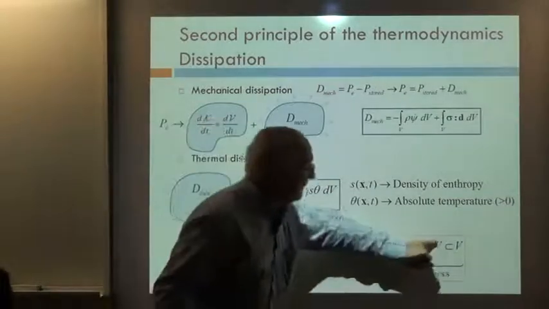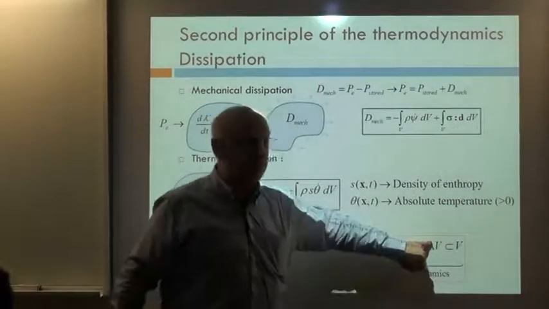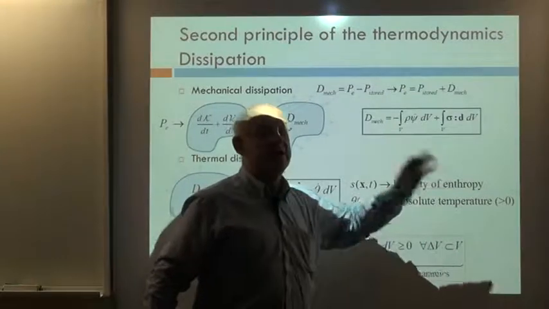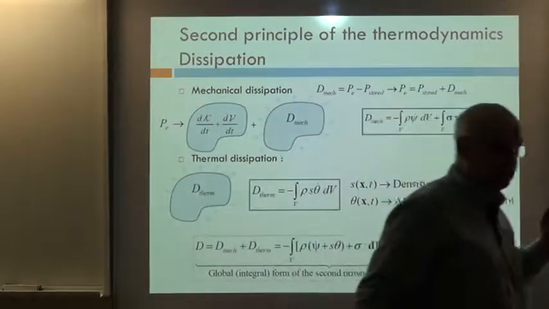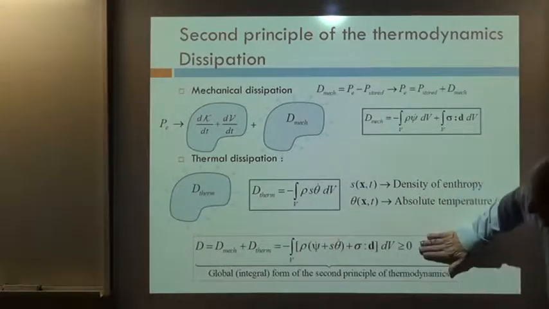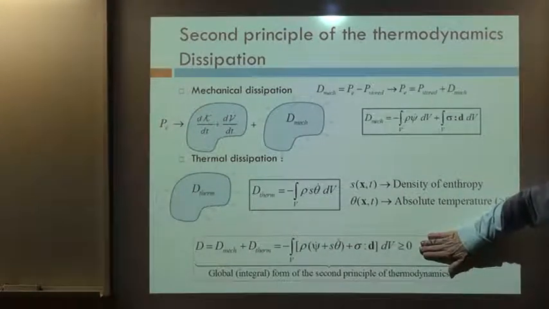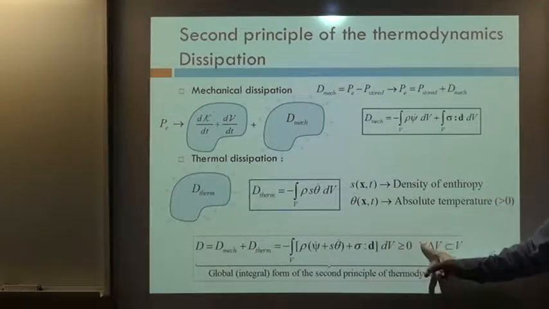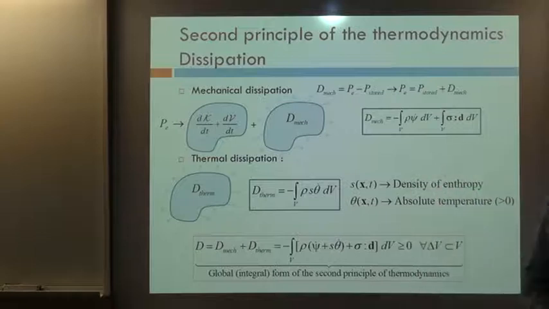That means for every subset of the continuum medium, as small as you want. If we don't include that, then we cannot extract consequences of this. The second principle of thermodynamics says that dissipation is greater or equal to 0, never negative, for any continuum medium and any subset of the continuum medium.